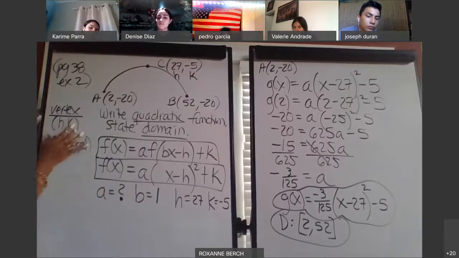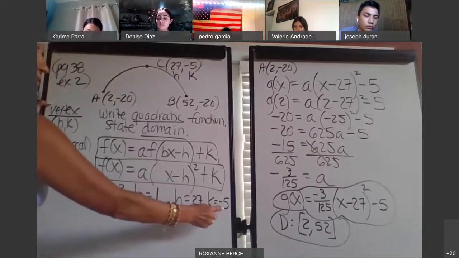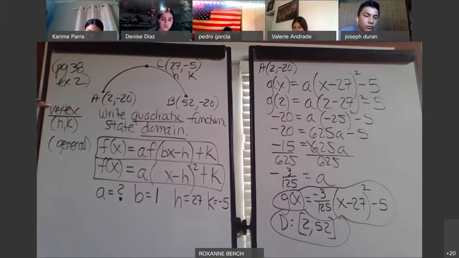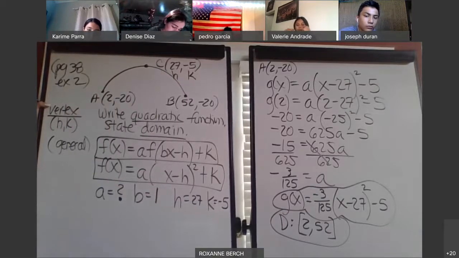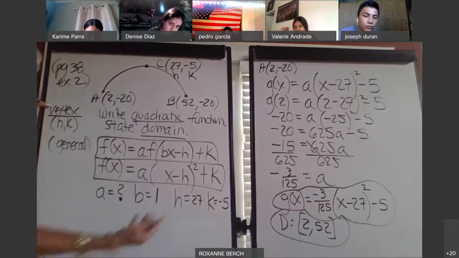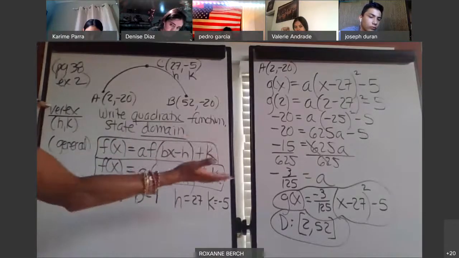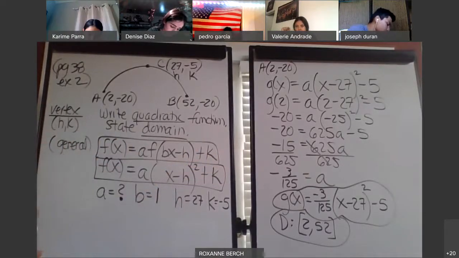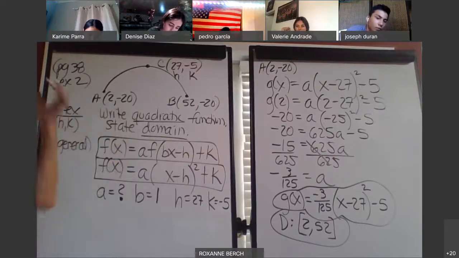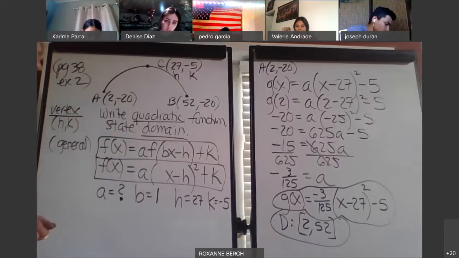And since the vertex is HK, we know that H is 27 and K is -5, but we cannot determine A from this information. So this is why we have algebra, because we have 4 unknowns and we know 3 of them. And if we know 3 of them, we can find the 4th one. This would take forever to guess, but we're using algebra to determine it.